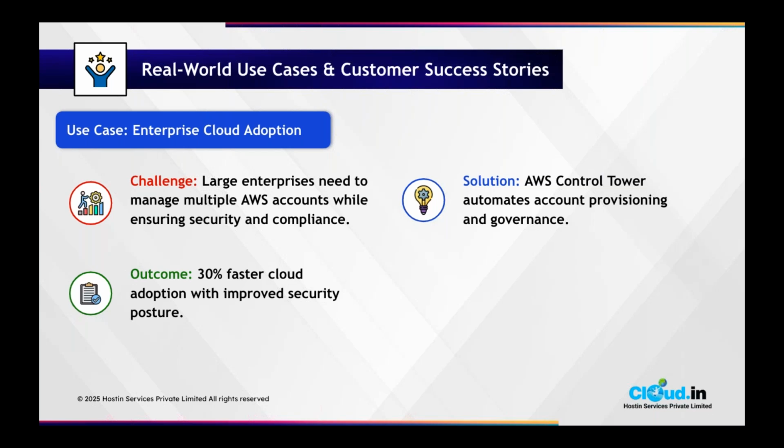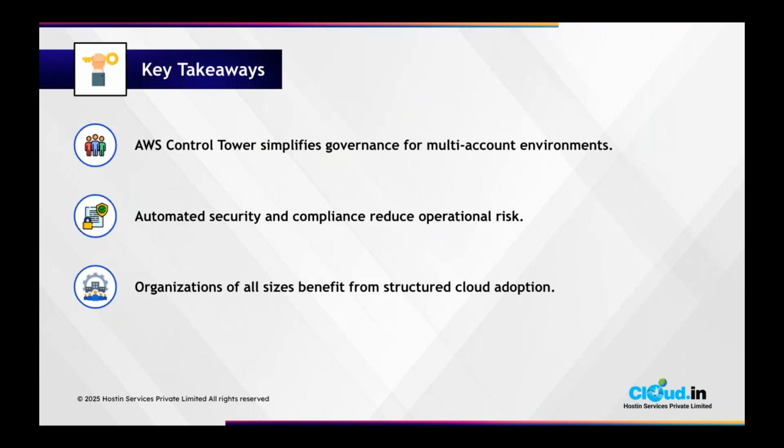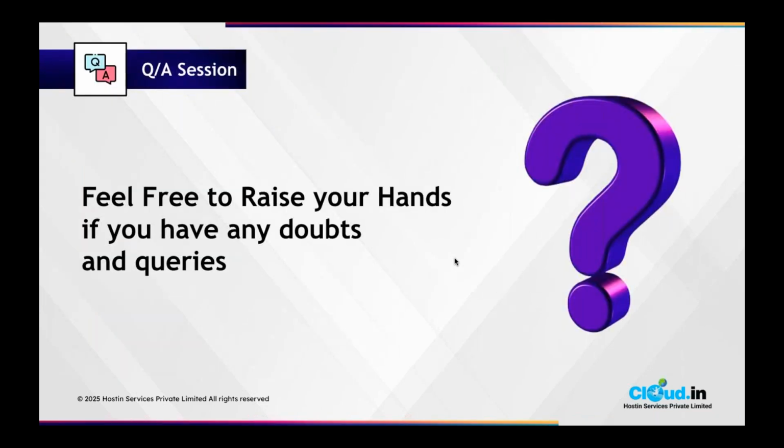These are the key takeaways: AWS Control Tower simplifies governance in multi-account setups. Second, it automates security and compliance, and it also reduces operational risk. And last but not the least, organizations of all sizes can benefit from structured cloud adoption, as maintaining scalability and standardization makes it easier to manage.